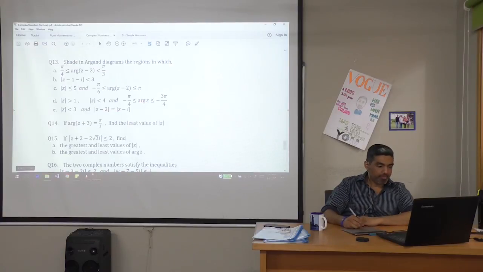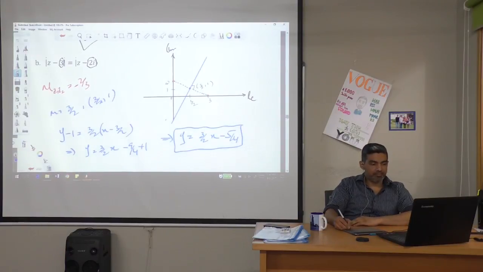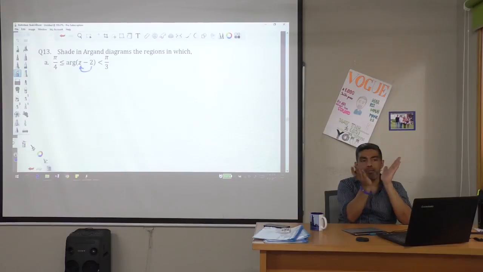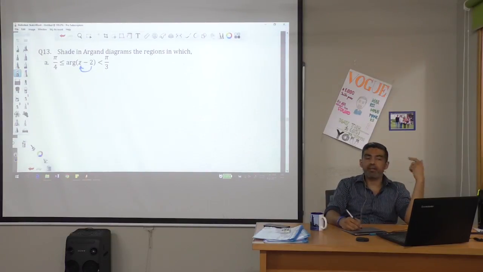Because see, here we are saying the argument of z minus 2, which means a line connecting to z, and that line making an angle. They haven't given one angle. They're saying the angle lies between pi by 3 and pi by 4, which means it's somewhere between that range. So that range is going to give you an area on the Argand diagram. So you have to shade that area.